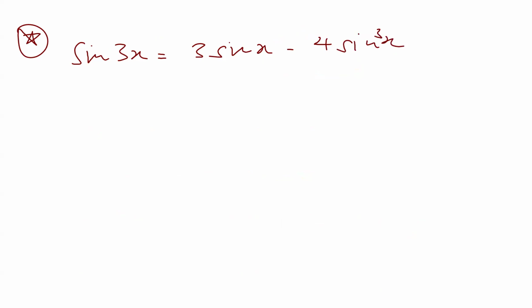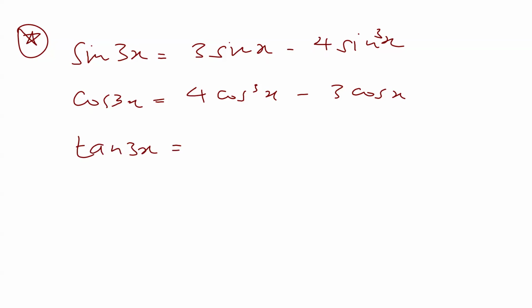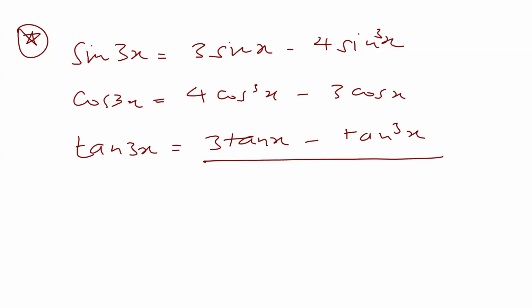So this completes the list of half angle, double angle. We'll go to triple angle formula. Sin 3x is 3 sin x minus 4 sin cube x, cos 3x is 4 cos cube x minus 3 cos x, tan 3x is 3 tan x minus tan cube x upon 1 minus 3 tan square x.